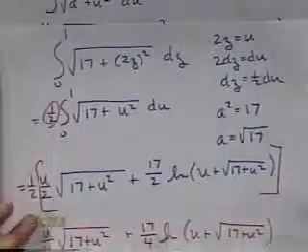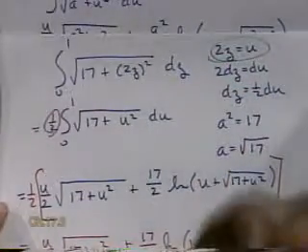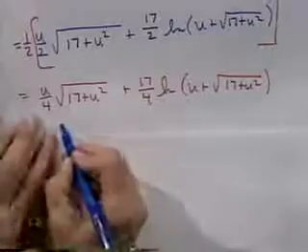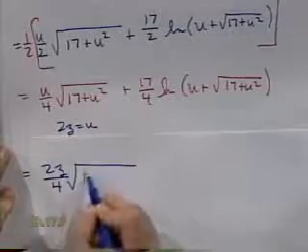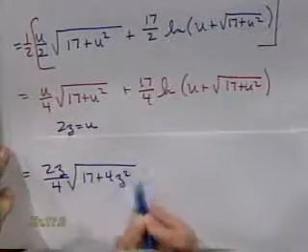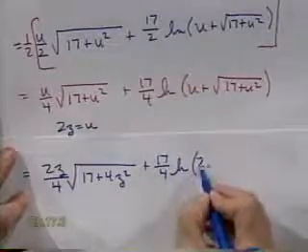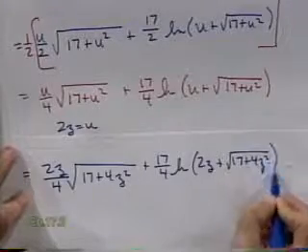And, not forgetting, 2z is u, not 2. I'm getting tongue-tied. So we can plug in 2z for u. And this gives me 2z over 4 square root of 17 plus 4z squared plus 17/4 log of 2z plus square root of 17 plus 4z squared.